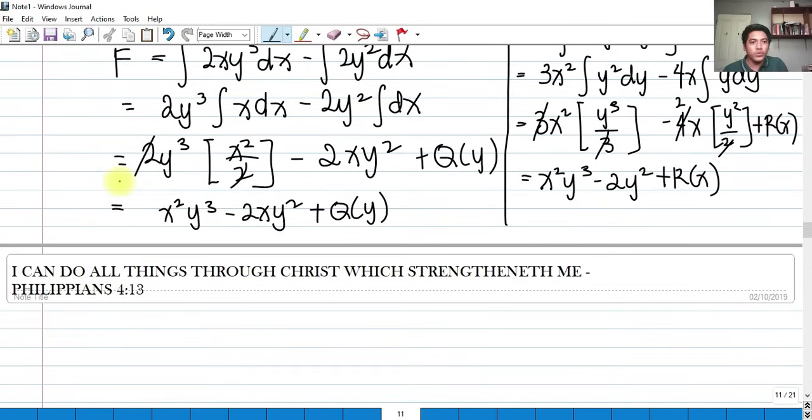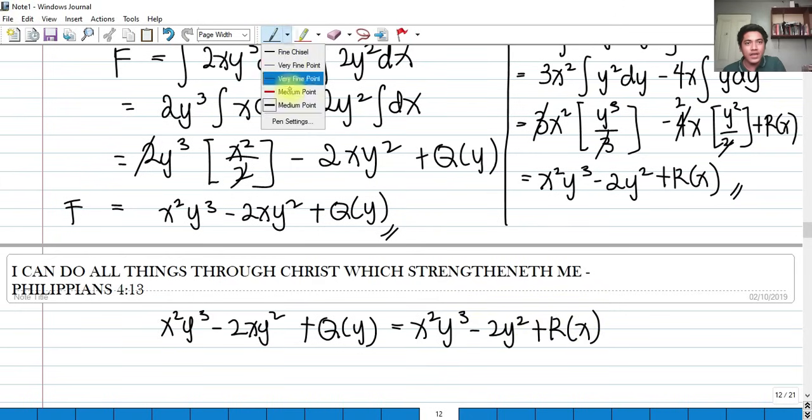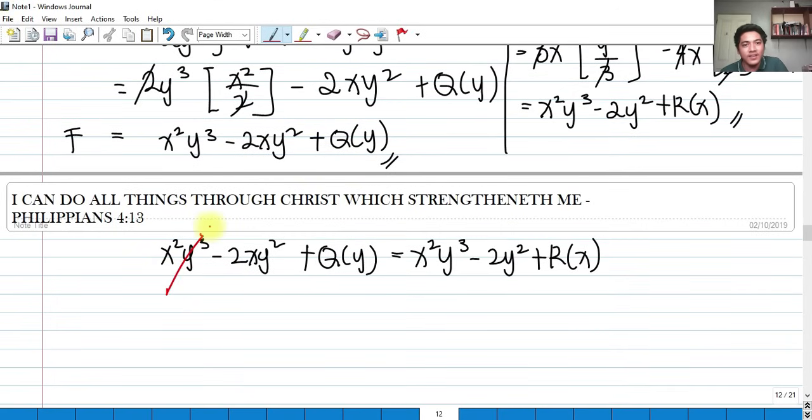So if we equate our f here and our other f here, that should be x squared y cubed minus 2xy squared plus q of y. Again, we're equating in order for us to get the values of r of x and q of y. So x squared y cubed minus 2xy squared plus r of x. As you can see here, class, this would cancel. This also would cancel.